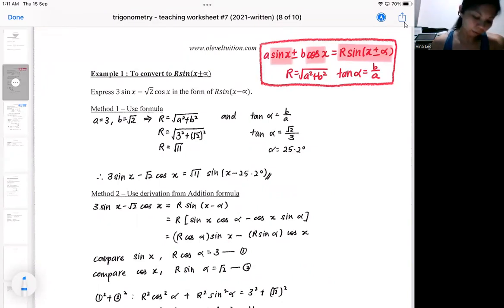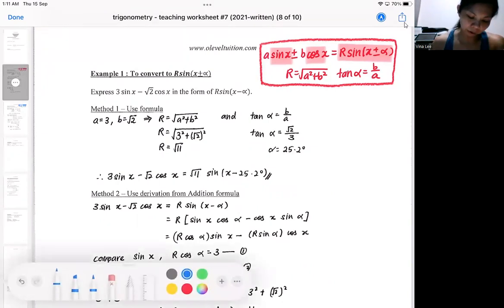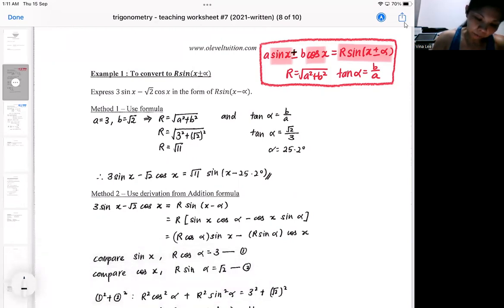For the R formula for sine function, the sign will follow. If this is plus or minus, this will be plus or minus. Plus follows with plus, negative follows with negative.